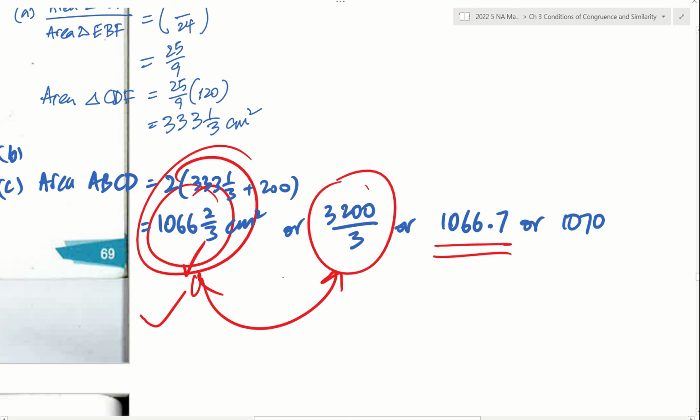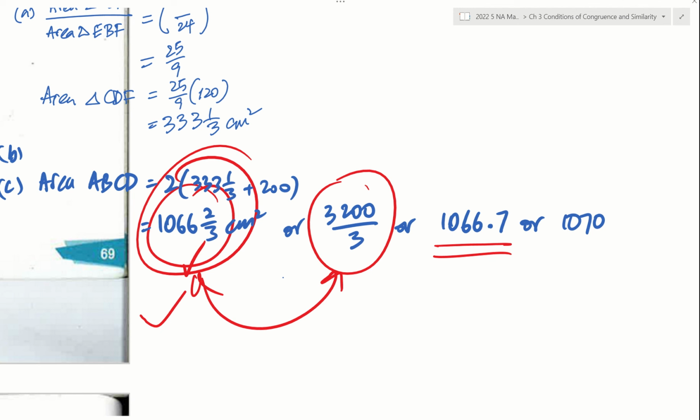Can or cannot? Can. Why want to put 5 SF? Normally the question doesn't say leave in how many SF. If you look at your N-level paper, O-level paper, the cover page, they always say the same thing. They don't say leave 3 SF.